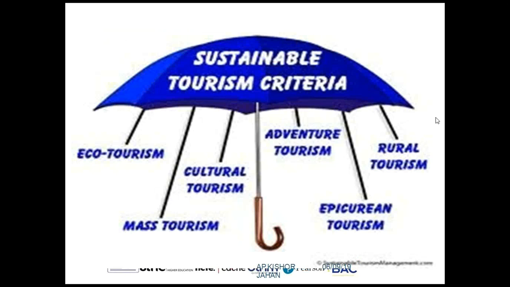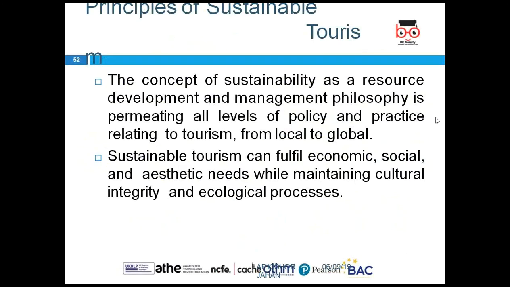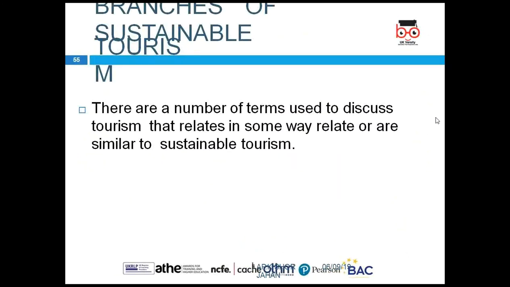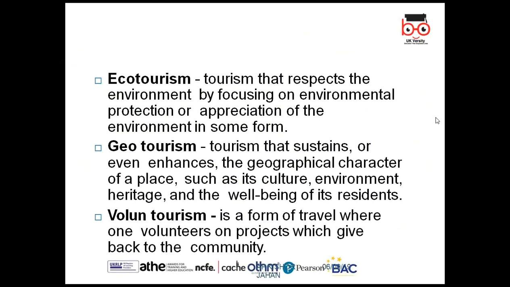Sustainable tourism covers eco, mass, cultural and adventure tourism, and we can look at rural, not just urban tourism, so we can promote it in all areas. These are all the principles discussed in detail.